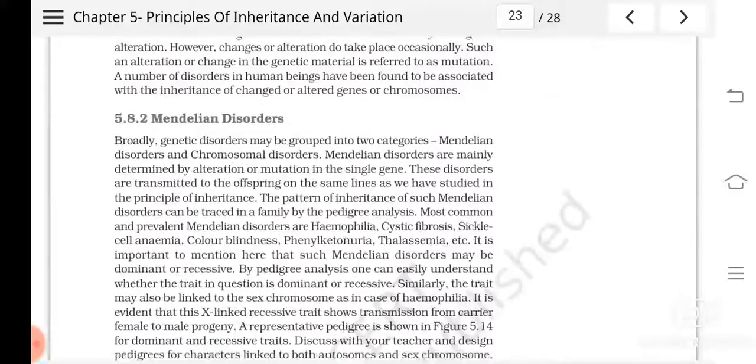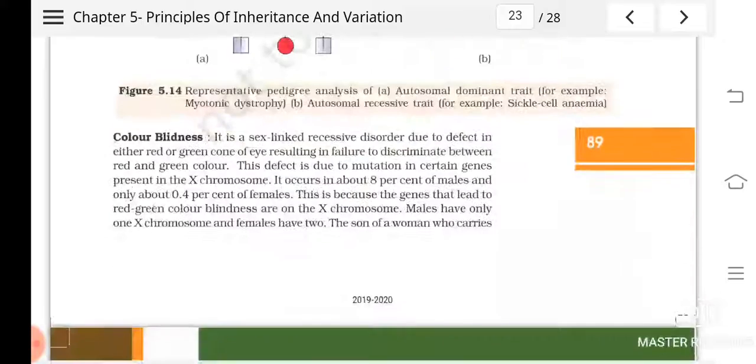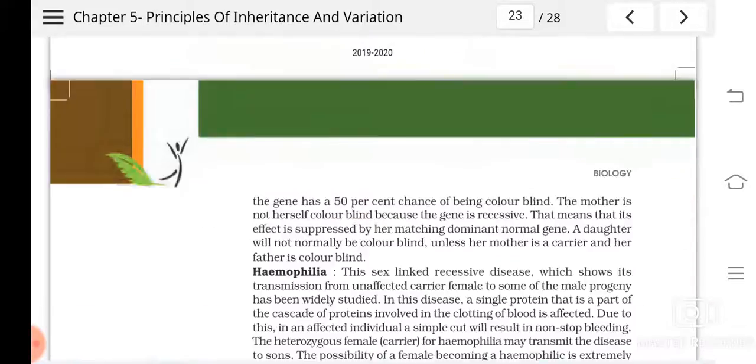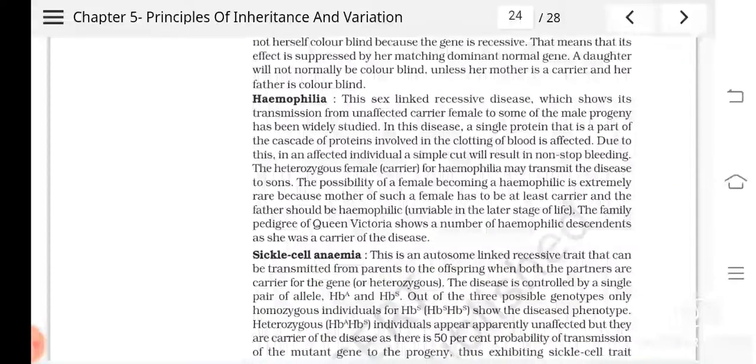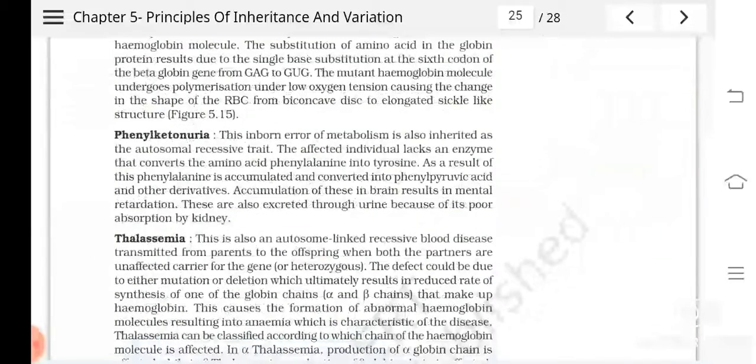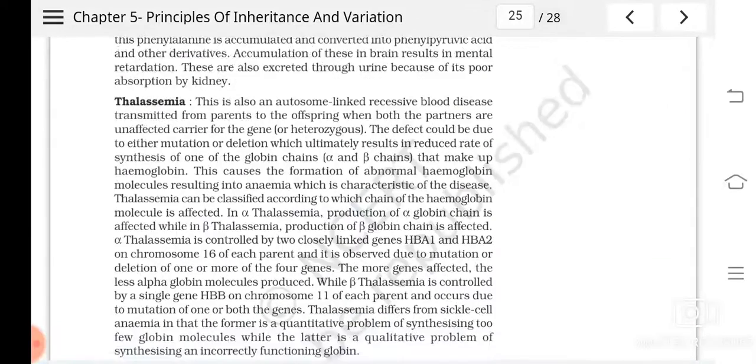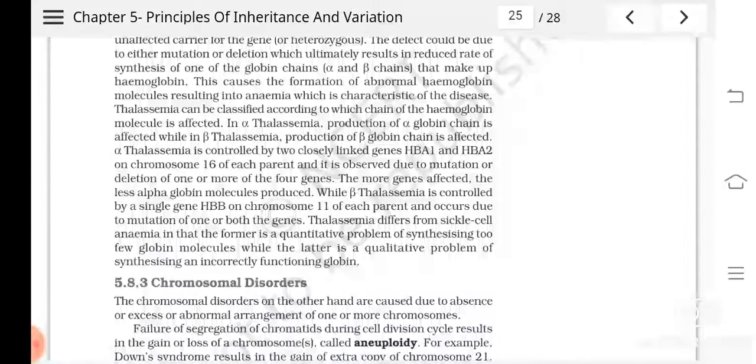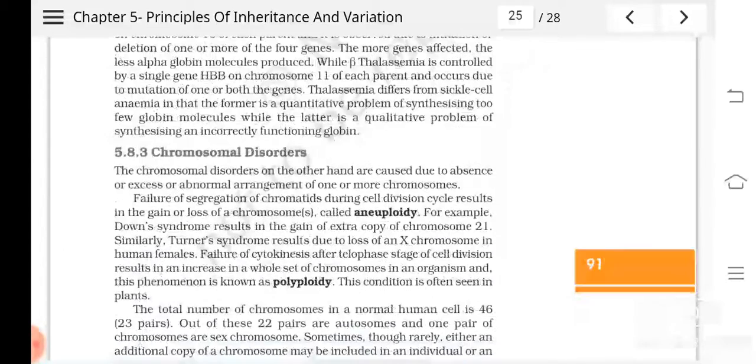Then we have seen in detail about the Mendelian disorders like color blindness, hemophilia, sickle cell anemia, and then phenylketonuria, thalassemia. All these are the Mendelian disorders. Then we have seen about the chromosomal disorders, due to aneuploidy and polyploidy.